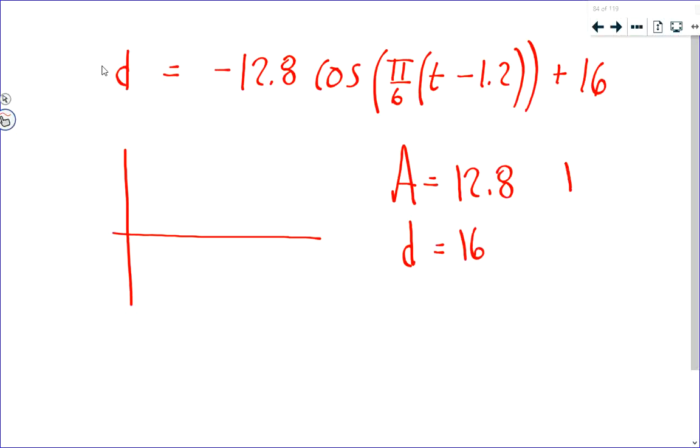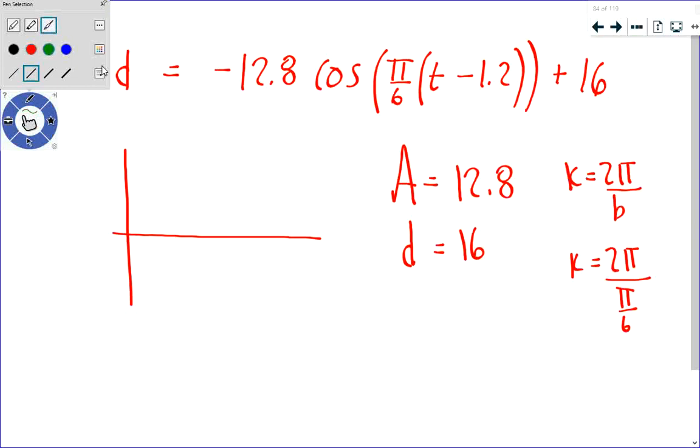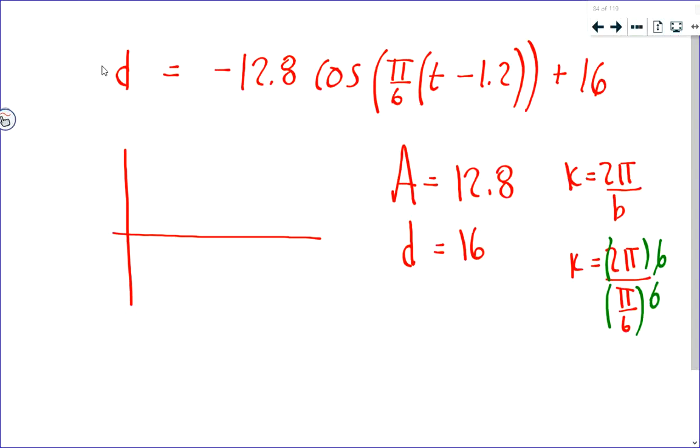The period is 2 pi over b, which is 2 pi over pi over 6. And yeah, you can multiply by a reciprocal instead of dividing by a fraction, but I like instead the thing that will always work, which is to multiply by whatever you need to get rid of fractions.